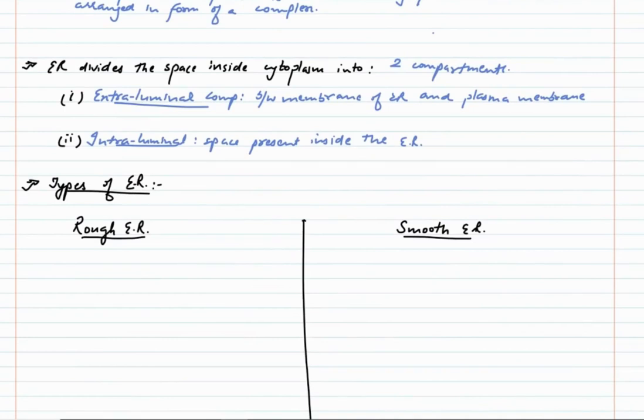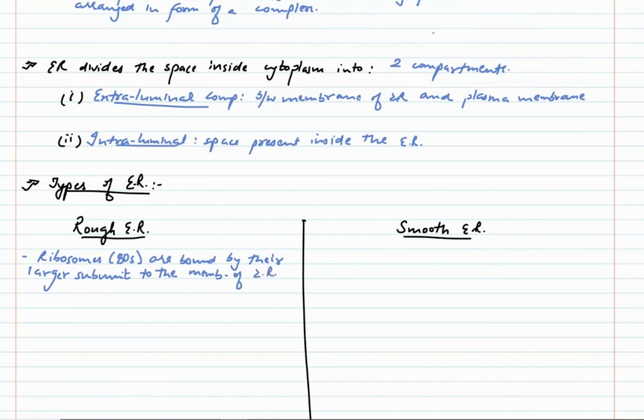Now there are two types of ER depending upon whether ribosomes are present or not. One is rough endoplasmic reticulum, the other is smooth endoplasmic reticulum. So ribosomes, which are of 80S type, are bound by their larger subunit to the membrane of endoplasmic reticulum.